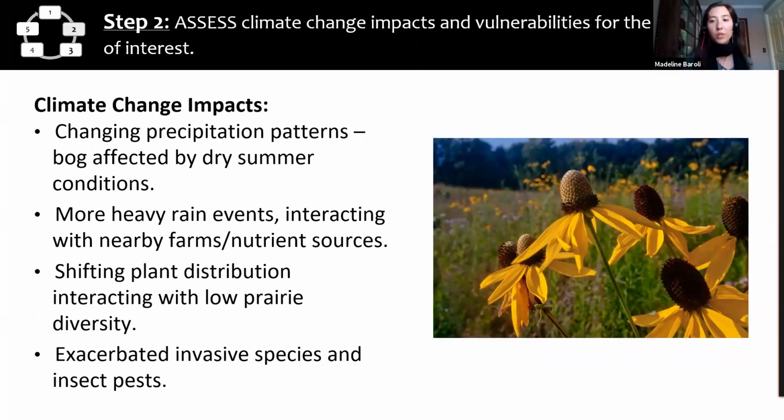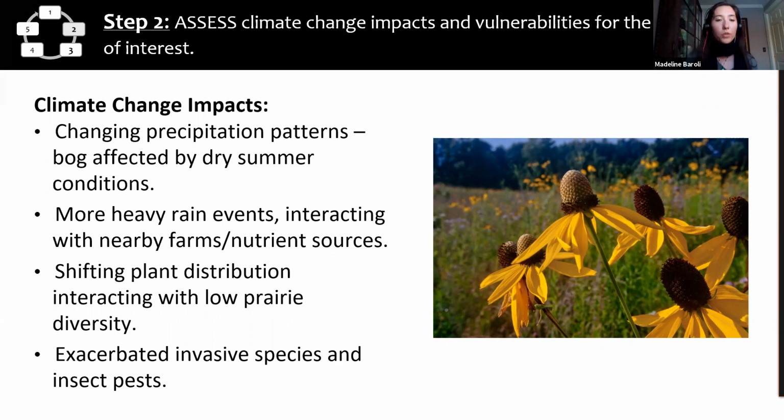When it comes to step 2 and how those regional climate change impacts are going to specifically affect the site, these folks were particularly concerned about the change in precipitation patterns and specifically the dry summer conditions negatively impacting the bog, which relies on high soil moisture. There are also a lot of nearby farms, so they were concerned about nutrient runoff from that with increasing heavy rain events.